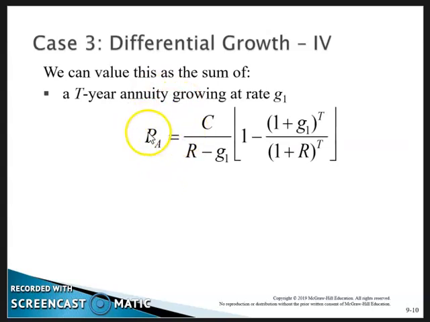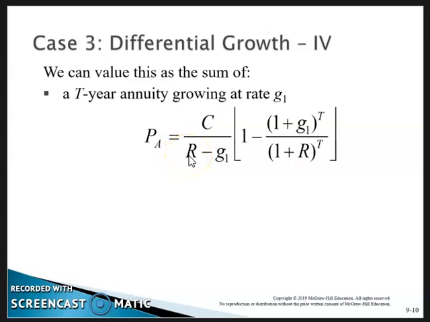The value, or P, price of the annuity, is equal to the payment, or the cash flow, divided by R minus G, multiplied by 1 minus 1 plus G, divided by 1 plus the required rate of return, and those to the power of, in the example I'm discussing, 3 years. The discount rate is not going to change.